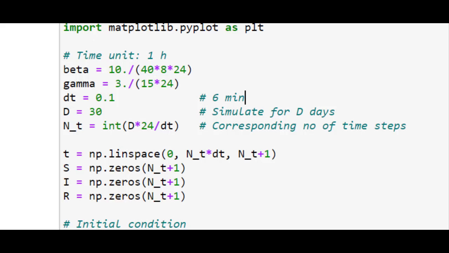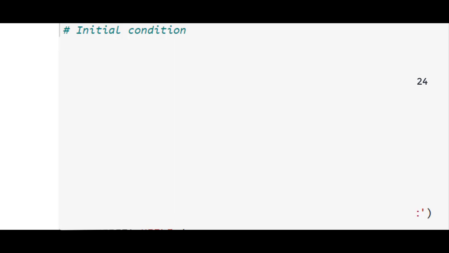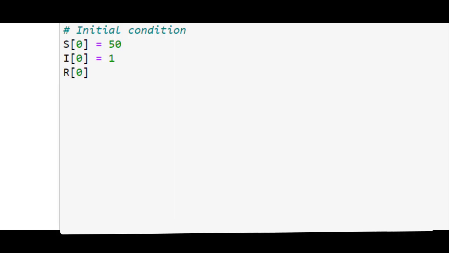That's our initial condition. At time 0, there are 50 susceptible staff and patients. We need 1 infected individual, initially, in order to start the virus spread process. And of course, the recovereds at time point 0 will be 0.